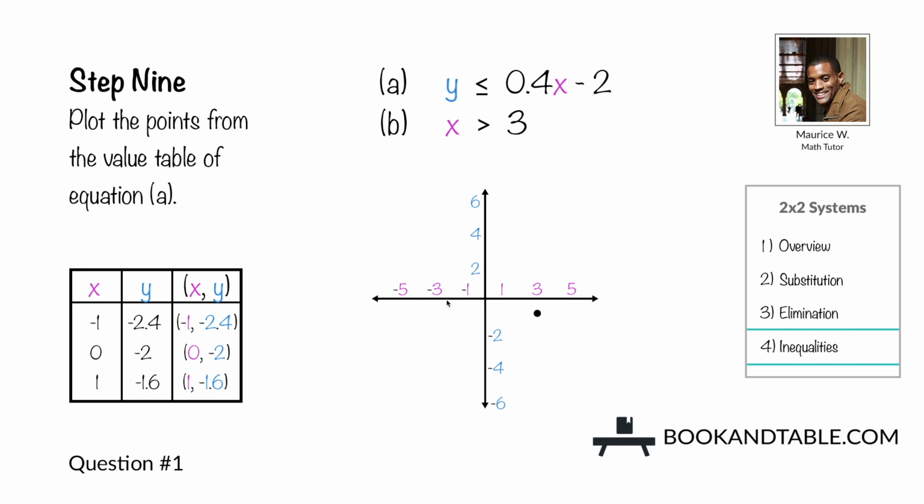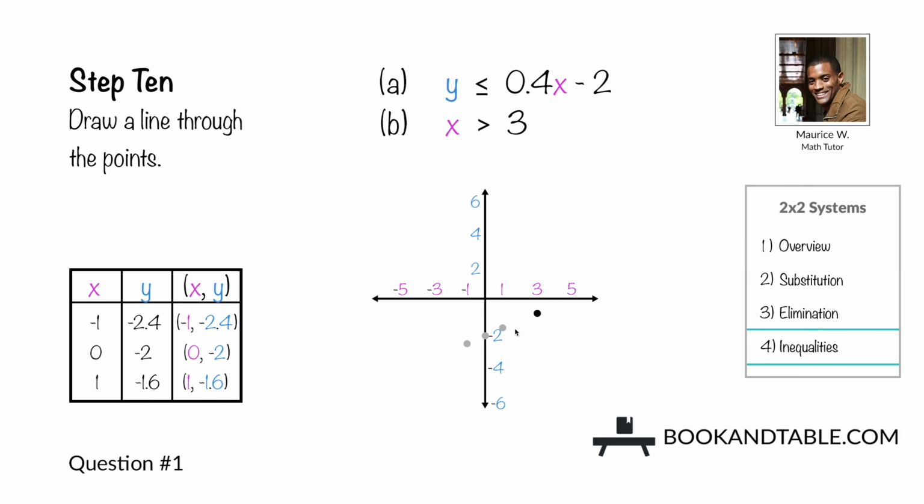So the first point is negative 1, negative 2.4. So we plot the point. The second point is 0, negative 2. Plot the point. The third value is 1, negative 1.6. So we plot the point. And now we have the 3 points that will allow us to sketch this line here.